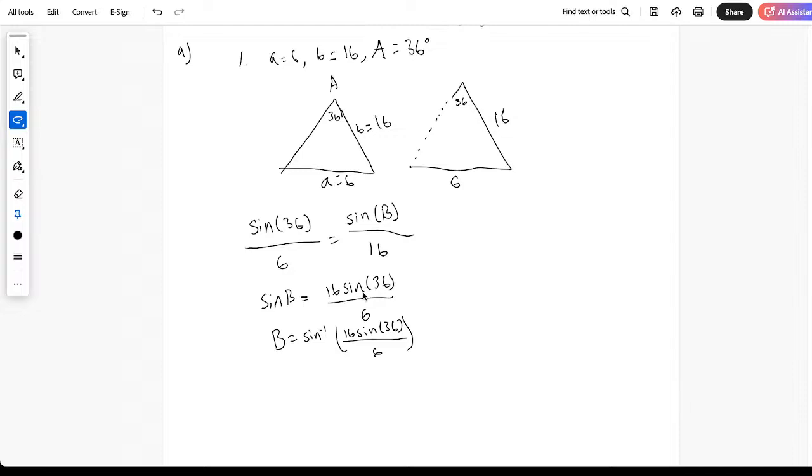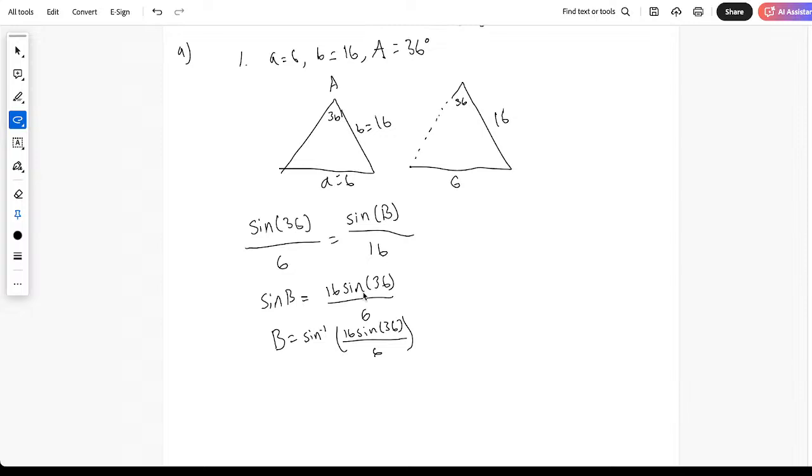So inverse sine of 16 times sine of 36 over 6. Oh, hold on. I think I put too many. I'll figure it out. Okay. Oh, come on.